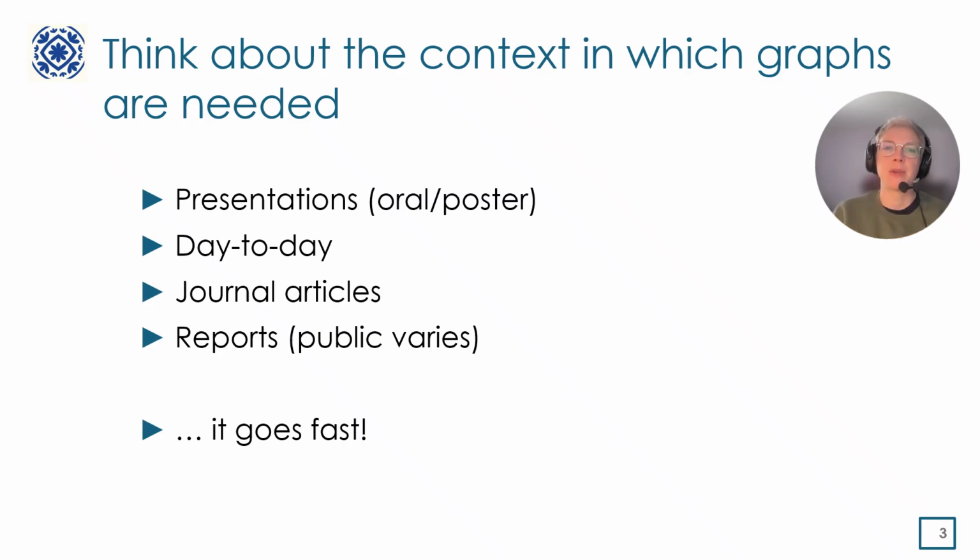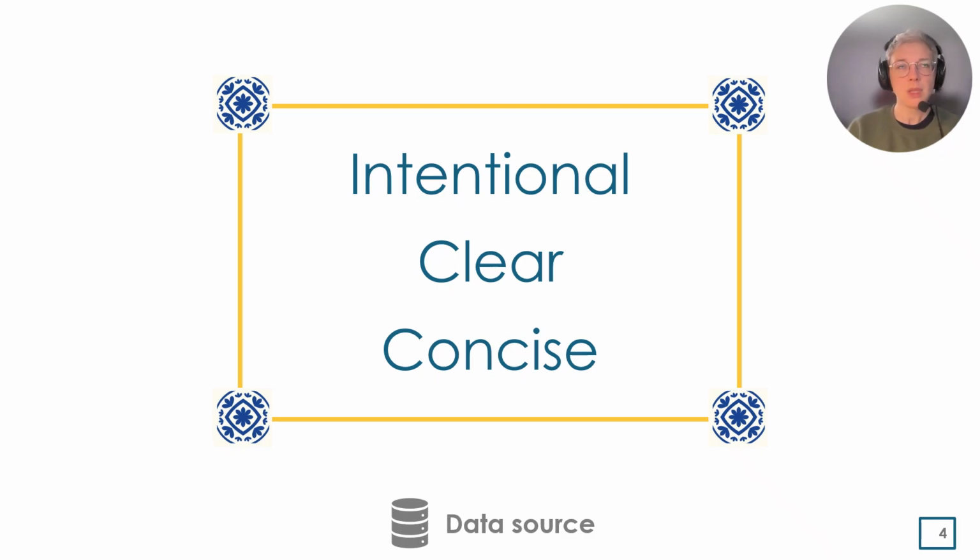So what we want to do here is to make sure that the message we want to give with our graphs is being understood in the short time that it is seen. And so what we want in terms of graphs are graphs that are intentional, that are not misleading. We want graphs that are clear and that are concise.